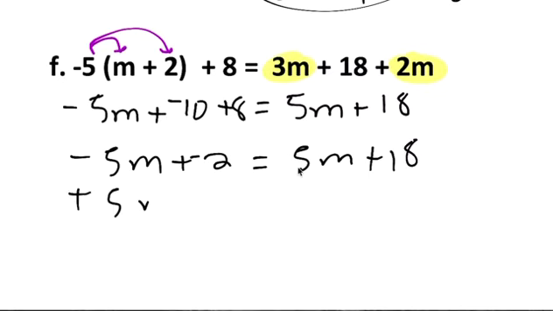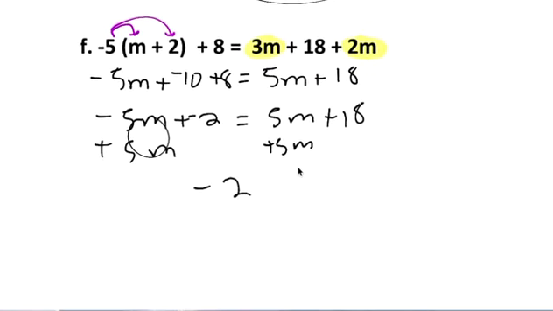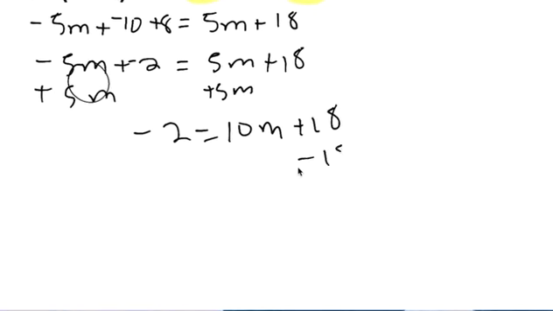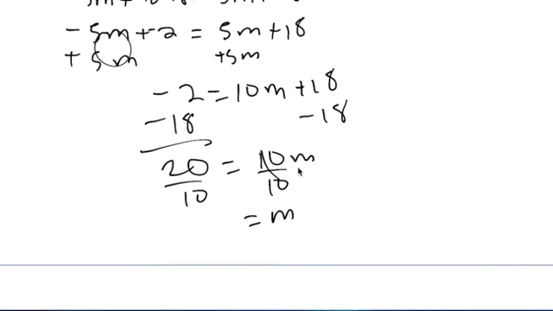Add 5m. 0, 0 plus -2 is -2. Minus 18. Divide by 10. M is 2. One solution.